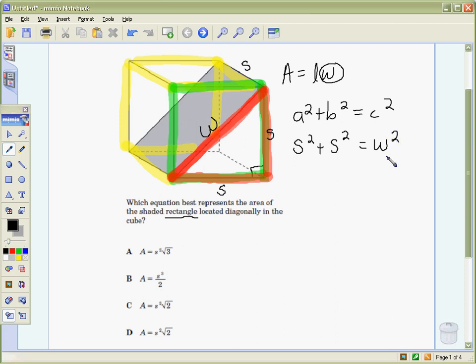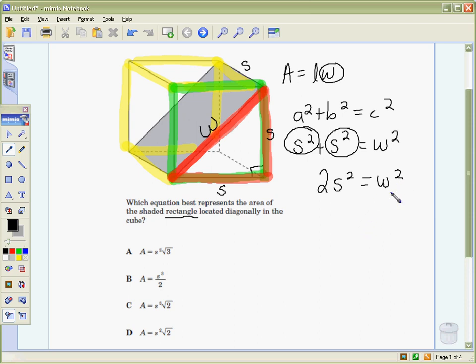W squared. So I need to solve for w. Combine like terms: I have an s squared here and an s squared here. Put them together and it gives me 2s squared equals w squared.